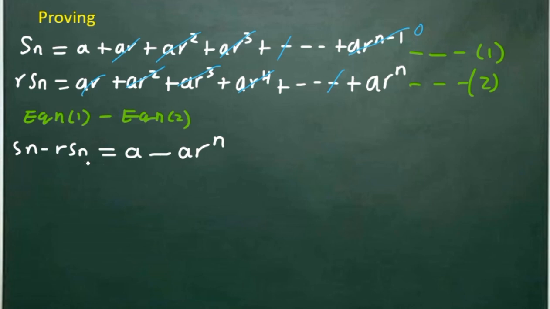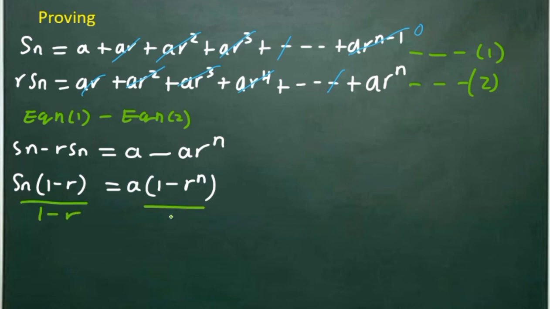Now looking at both sides of the equation, we have common terms, so let's factor them out. On the left-hand side, Sn is common, so we factor out Sn and have 1 minus r, equals a, which is also common on the right-hand side. We factor a out, and we are left with 1 minus r to the exponent of n. Okay, so we divide through by 1 minus r, and that cancels.